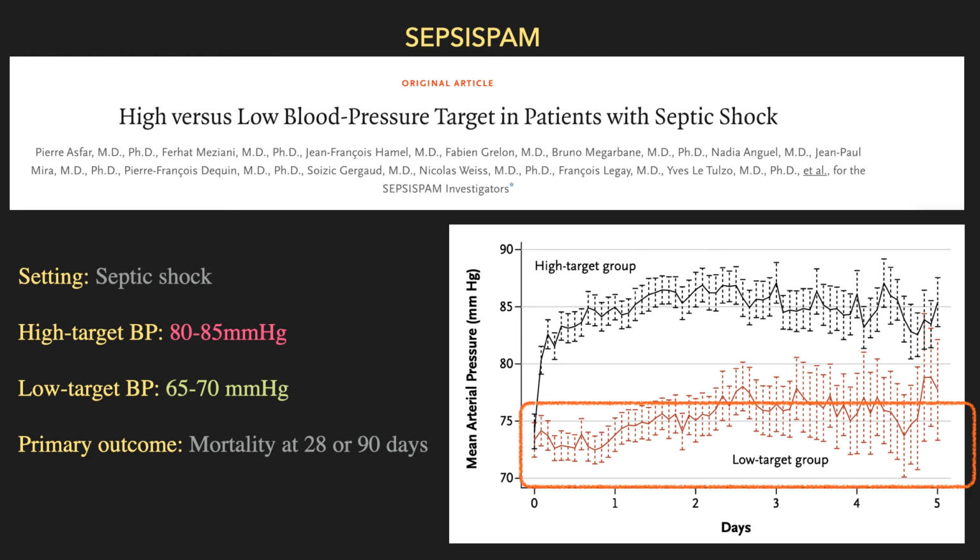That is because, as you know, the nurse is titrating the vasopressors, and sometimes they are afraid the MAP goes too low. So if you see a MAP of 66, they will just increase your vasopressors. So it ends up that most patients in the low target group have a MAP of 70 to 75.